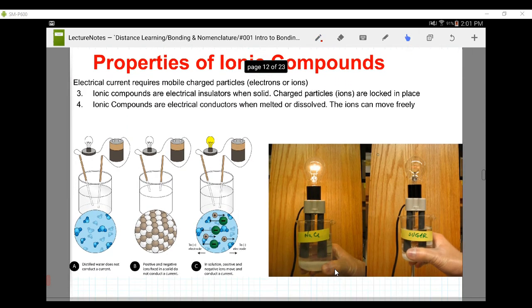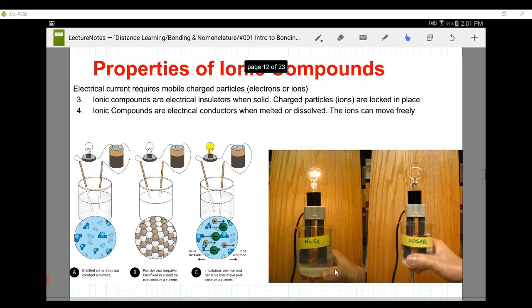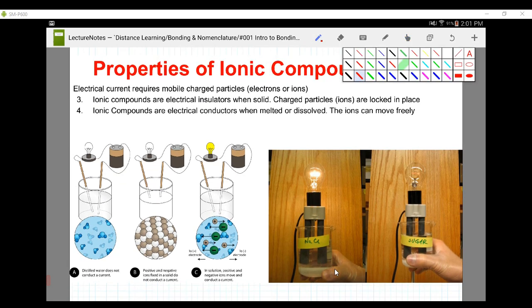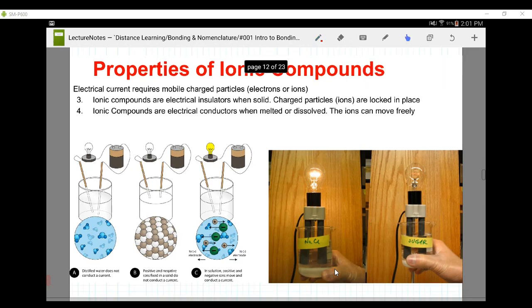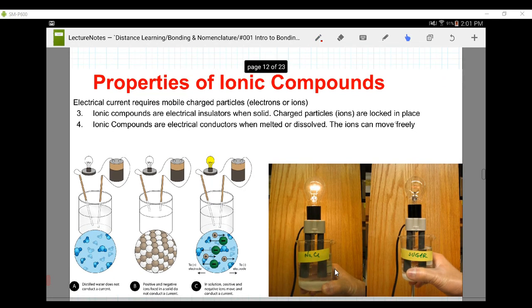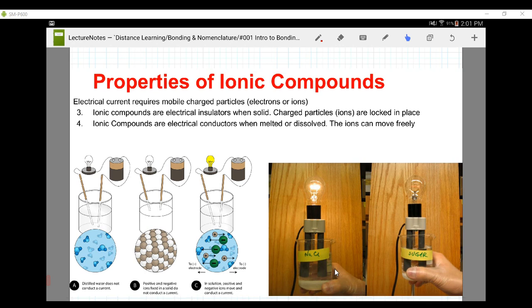And lastly, one other thing that's unique to ionic compounds is that when they do dissolve, they conduct electricity. They make what are called electrolytes. So whenever you hear that word in Gatorade commercials, it's referring to all of the dissolved ions that are in the Gatorade. Because ionic compounds dissolve into the two ions, we now have mobile charged particles.